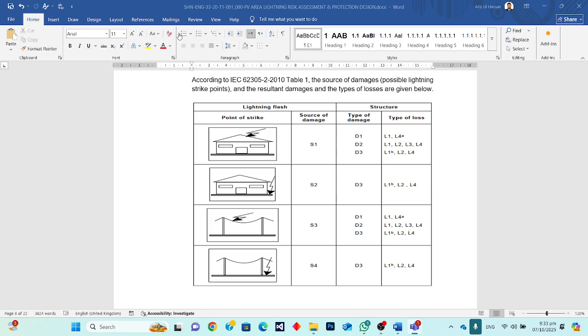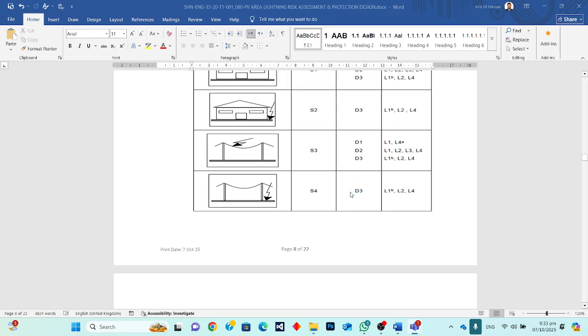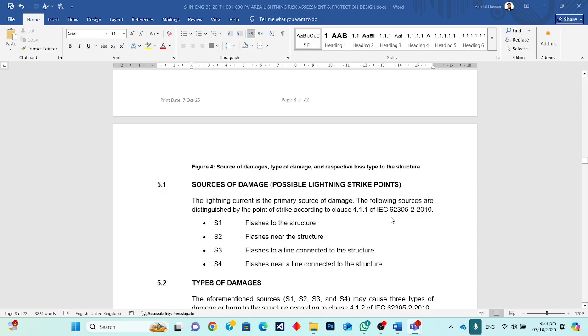Basically, I just want to give an overview of the sources of damage and possible lightning strike points. S1 is flashes to the structure, S2 is flashes near to the structure, S3 is flashes to the line connected to the structure, and S4 is flashes near the line connected to the structure.